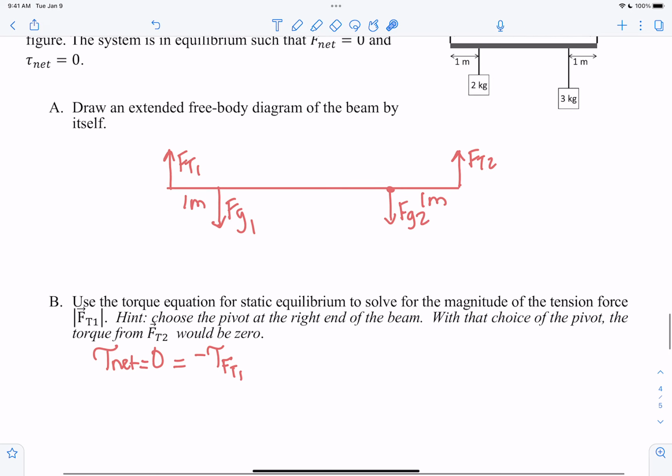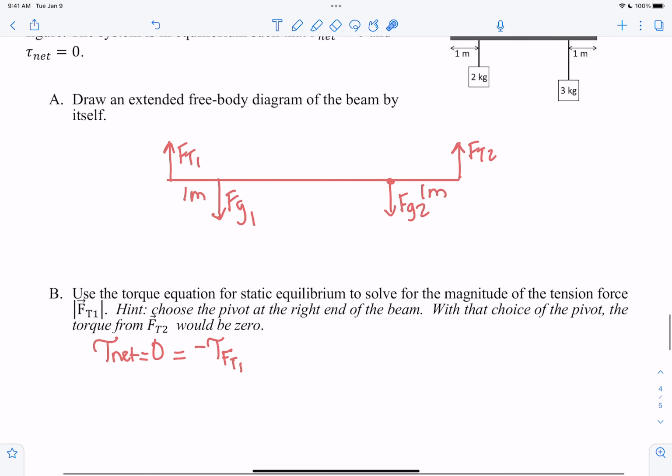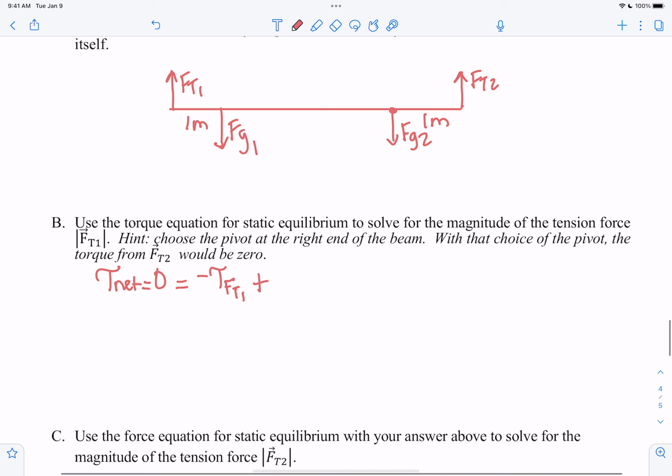Okay. So yeah, for tension force 1, clockwise like this, that's negative torque. And then for these forces right here, they're pulling things downward, so it's like this. That's counterclockwise, right? So torque due to Fg1 and torque due to Fg2.